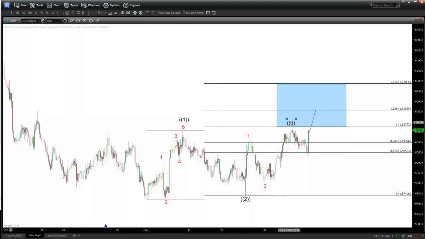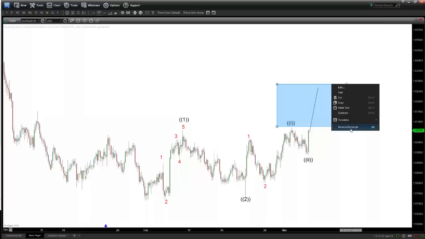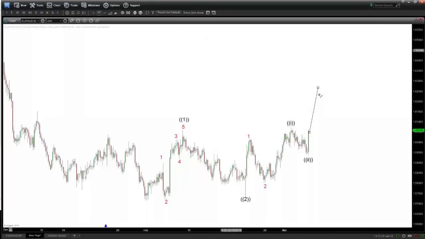So this is the most aggressive count, in which we are saying that, okay, we got a 1, 2, 1, 2, and then now we have a 3, 4, 5, let's say. So I'm going to erase this. This is no longer relevant in the most bullish scenario. This is 3, 4, 5 like this, right, in the black, and that will only end with 3, and it will continue to go up.